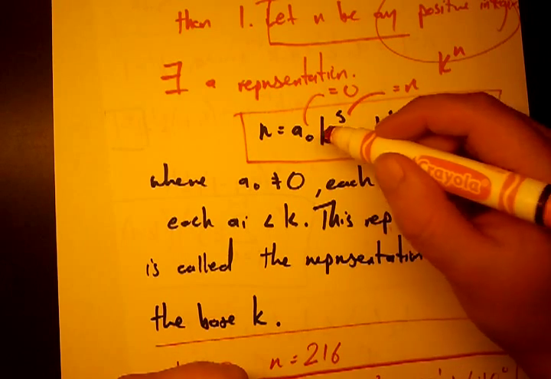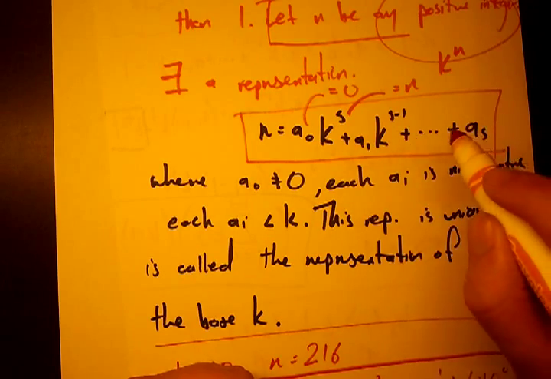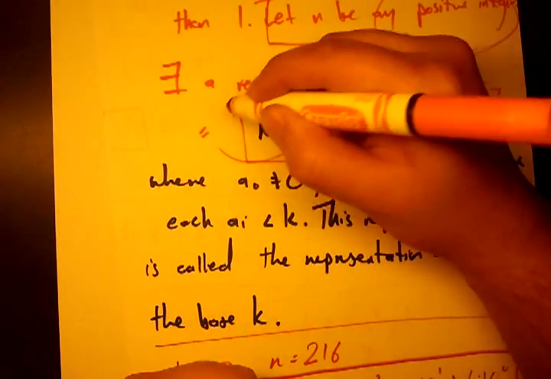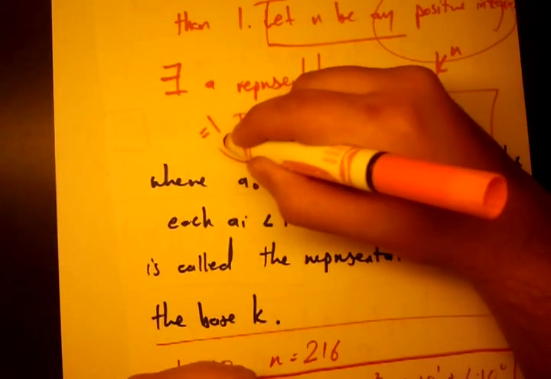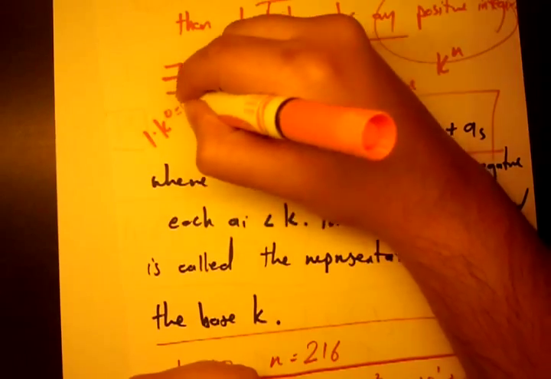Remember, a naught can't be 0. Also, all these other coefficients, the ai's, are going to have to be equal to 0. So in this case, a naught equals 1, and s equals 0. Then we have 1 times k to the 0, which is 1. And that's the only representation.